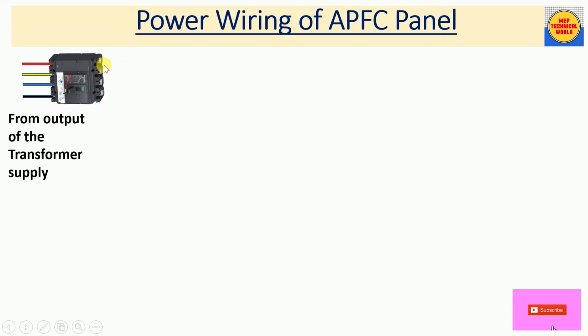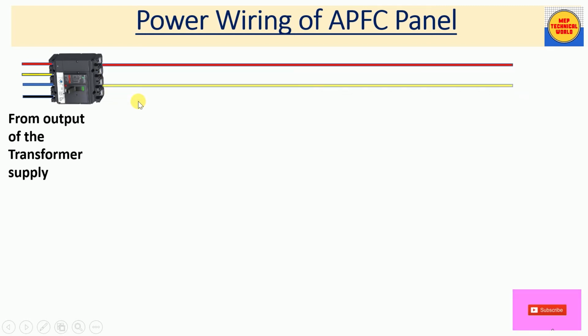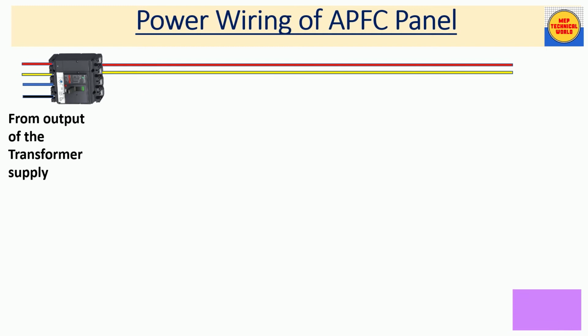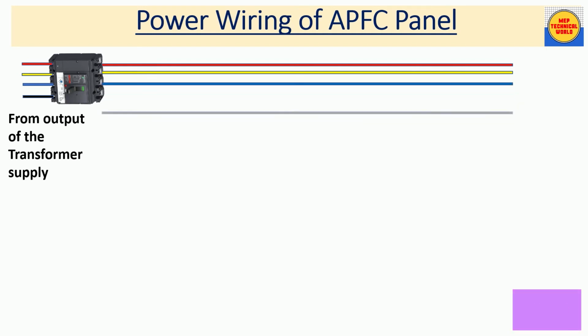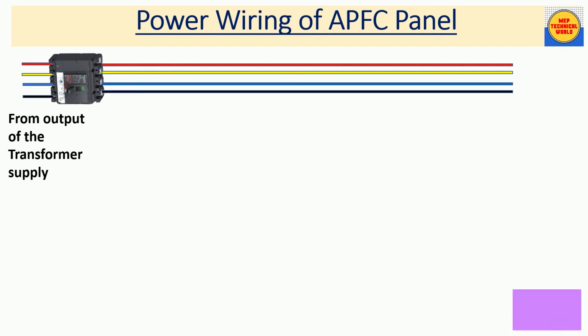For R it is connected, this is for Y, this is for blue, and this is for black. So these are the 3 phases, and this one is the neutral, and this power is going to the load side. Actually it is connected to load.